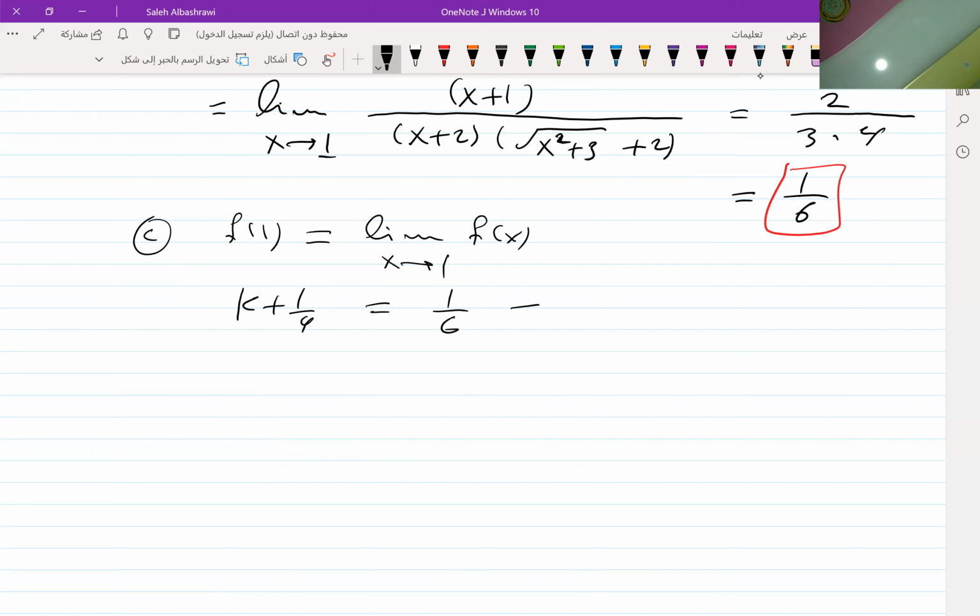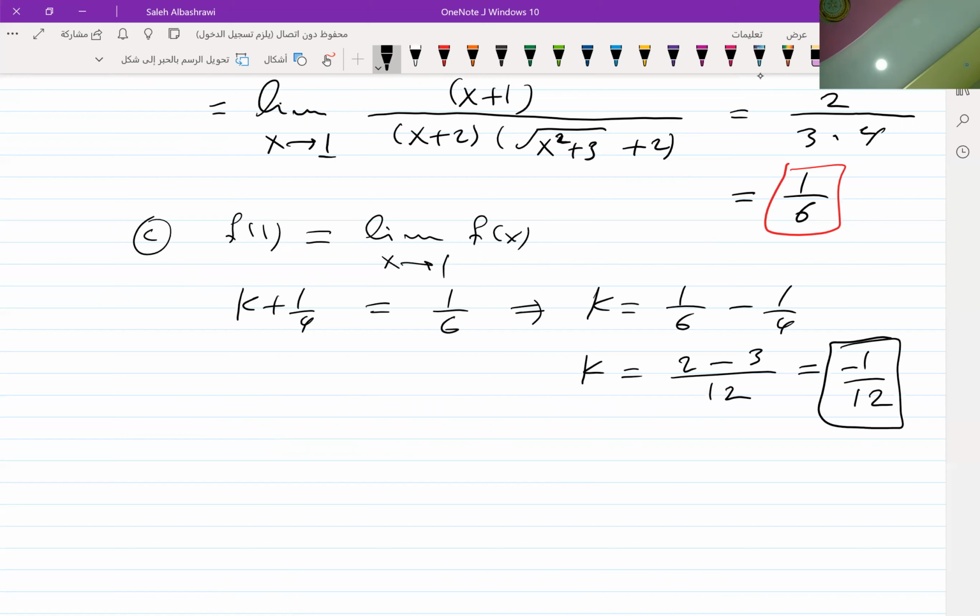So from this one, we can find k is equal to 1 over 6 minus 1 over 4. This will give me k equal to, over 12, that will be 2 minus 3, which is equal to minus 1 over 12.